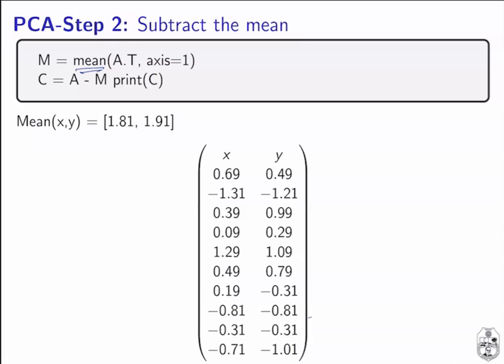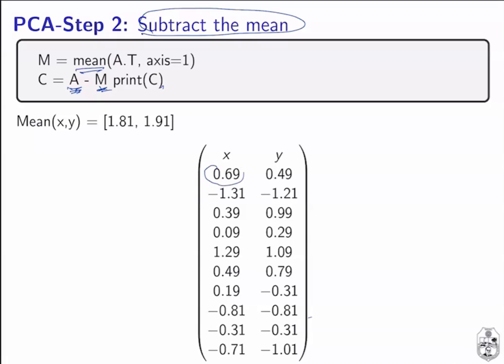Here the mean value is subtracted from the given input array, a minus mean. So print C. This is the second step, subtract the mean. Once you have loaded the data into memory, you need to identify the mean for the input features and subtract that mean from the individual observations.